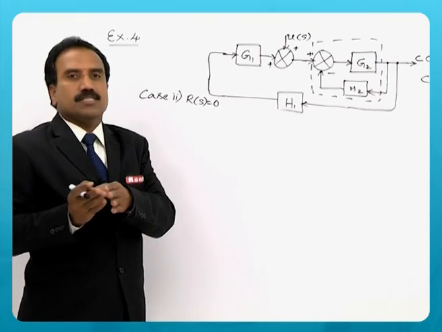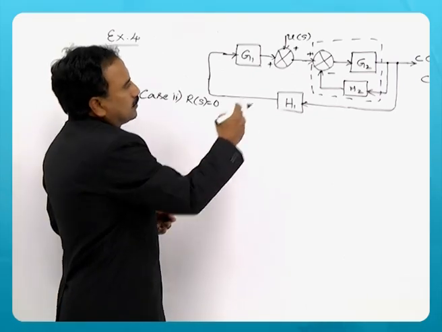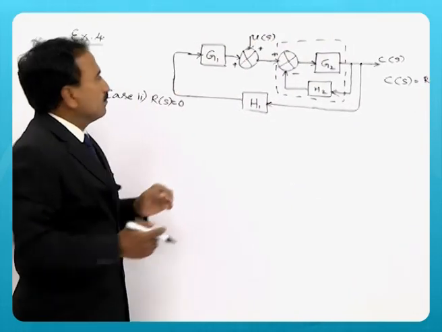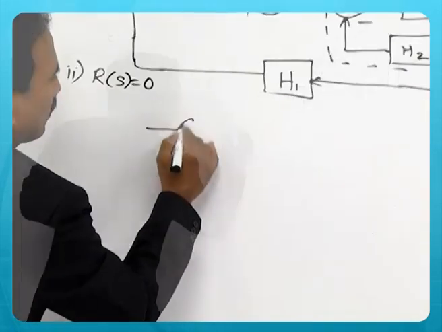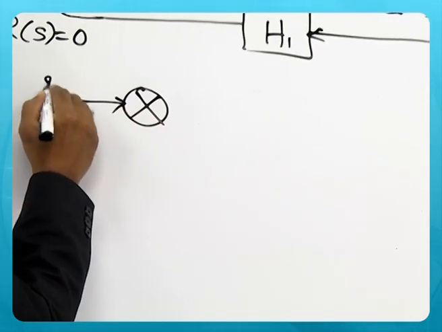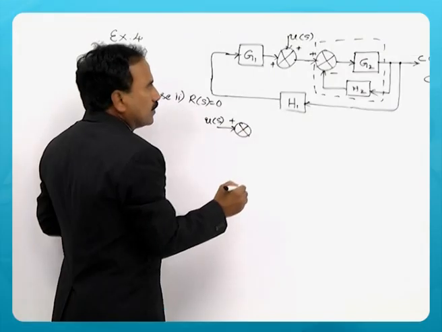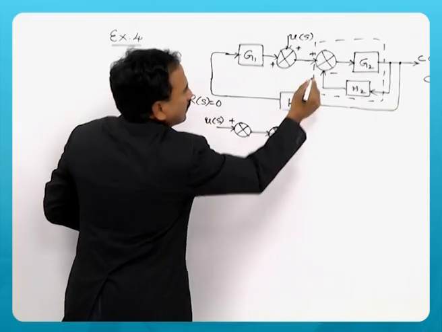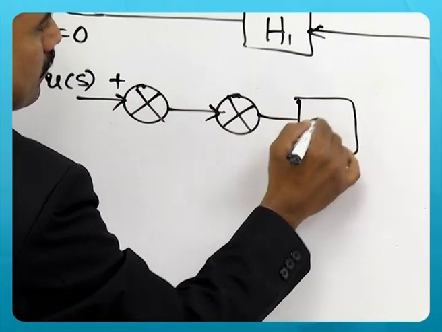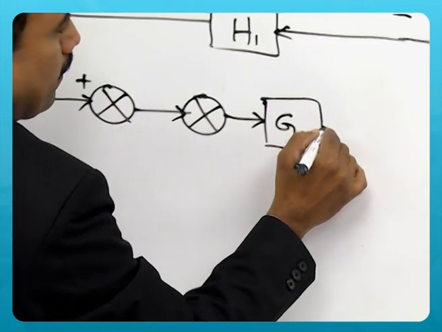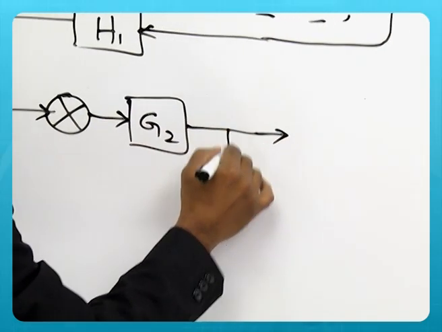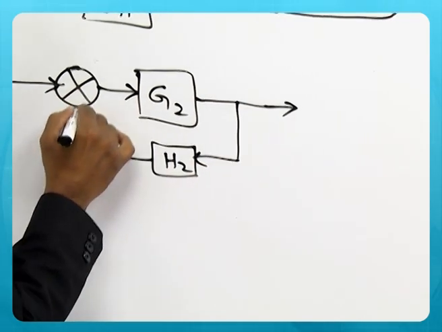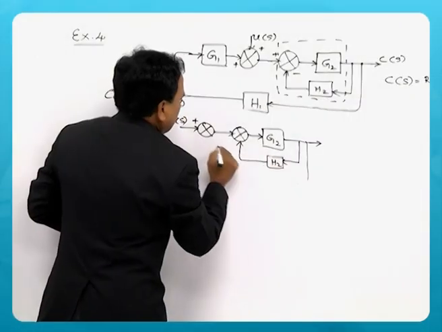So we can just redraw the system, so that now we should find out what is C of S by U of S. So for this I am just redrawing, U of S is the input now, then there is another summing point. This is as it is.